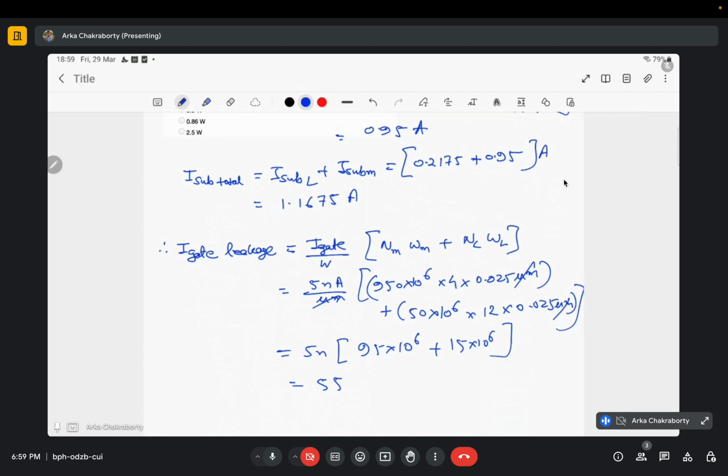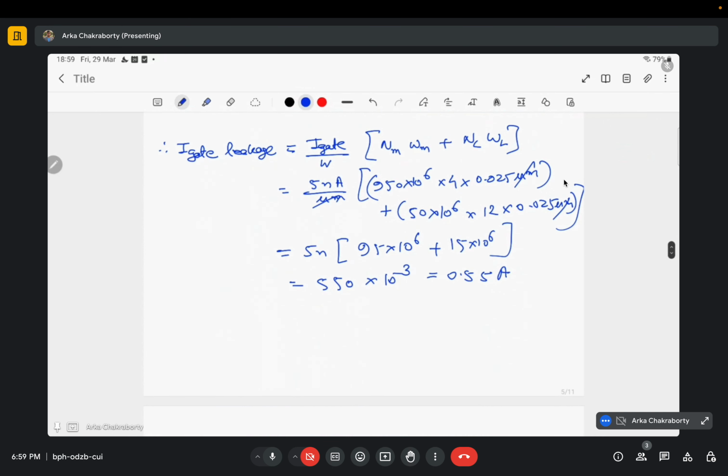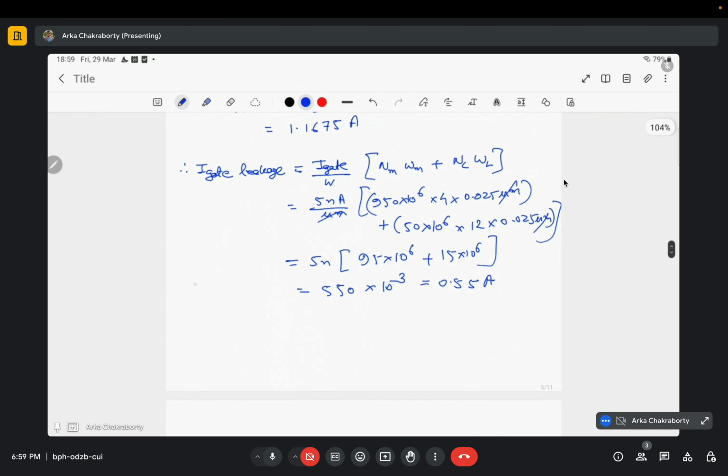So 550 minus 3, so it would be 0.55 ampere. Therefore the gate leakage is 0.55 ampere.